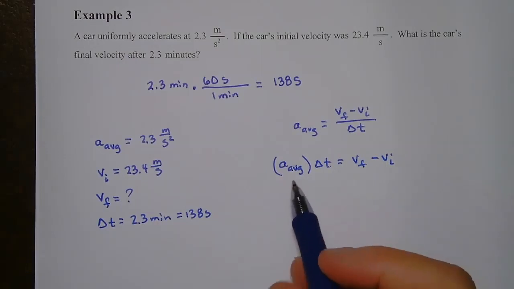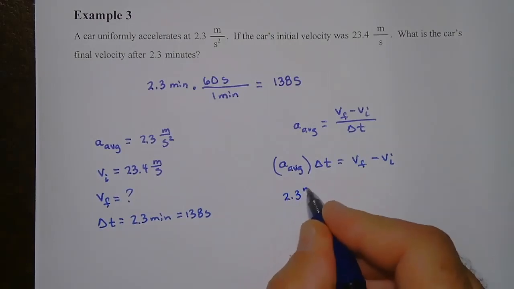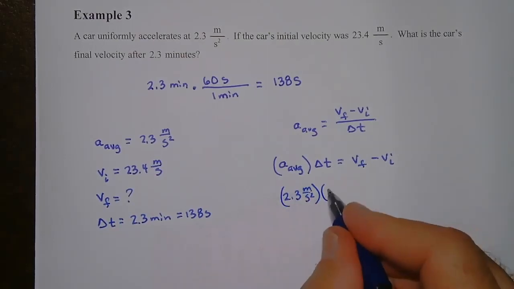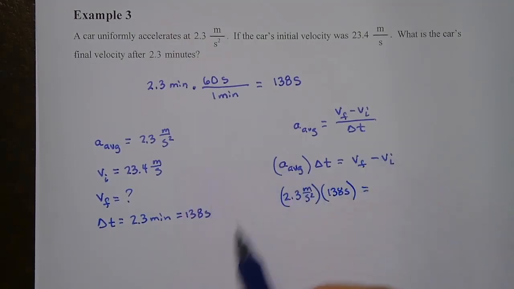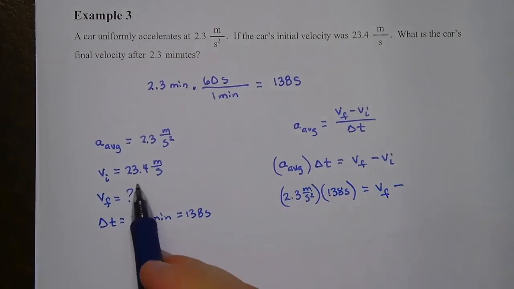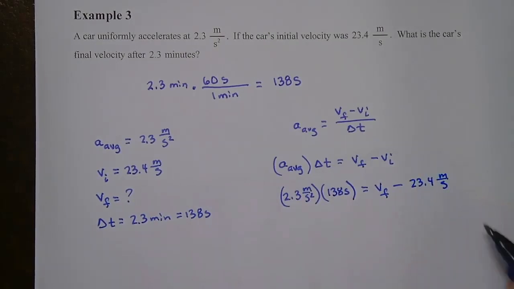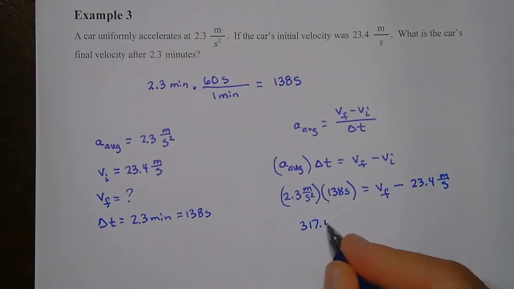Okay, so let's just start putting everything in. So this is 2.3 meters per second squared, and my change in time is 138 seconds. My final velocity is what we're trying to find, v sub f, minus my initial velocity, 23.4 meters per second. Okay, so 2.3 times 138, and we get 317.4.